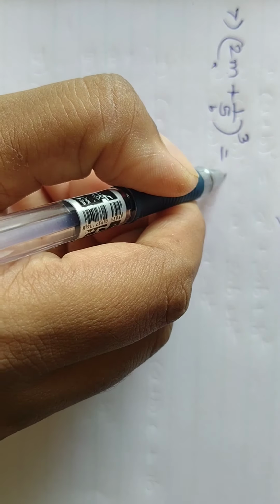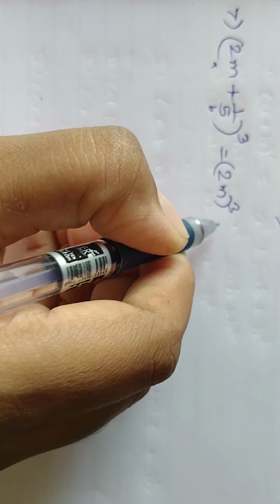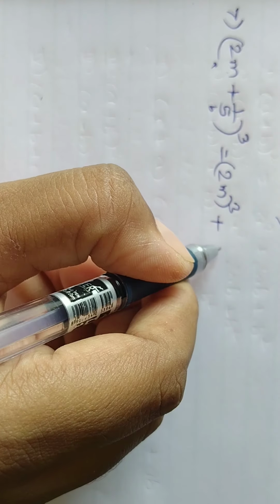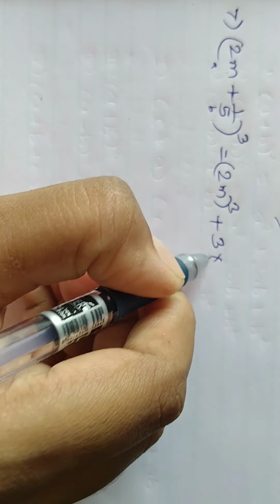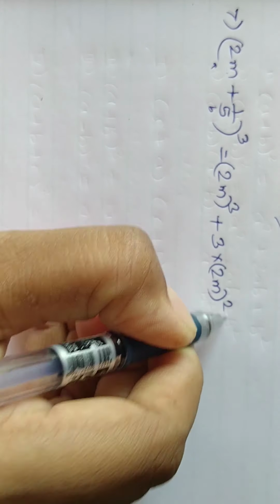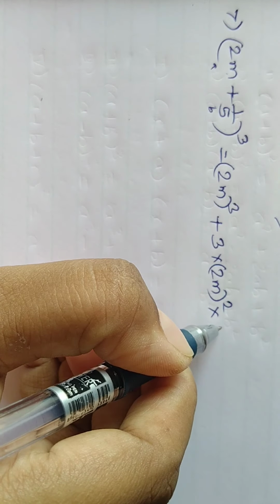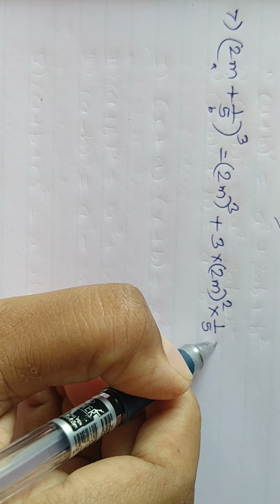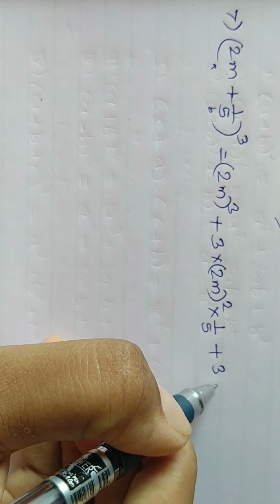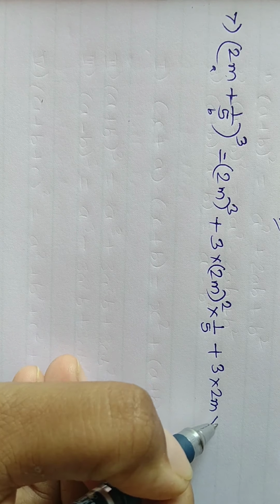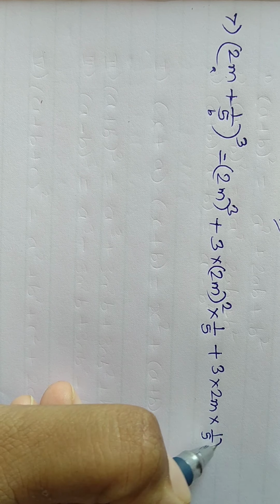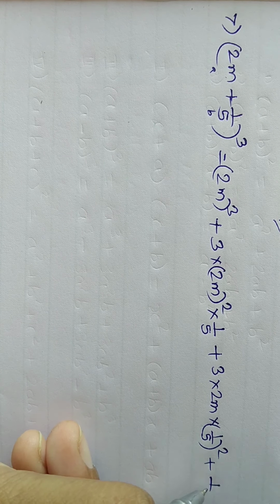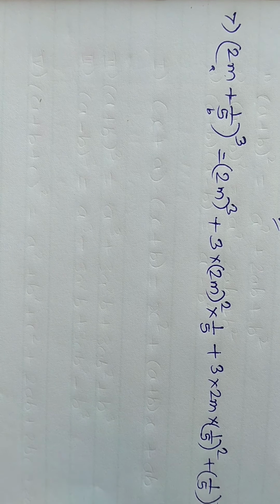Now here first term cube 2m cube, plus 3 into 2m square into second term, plus 3 into first term into second term square, plus second term cube.